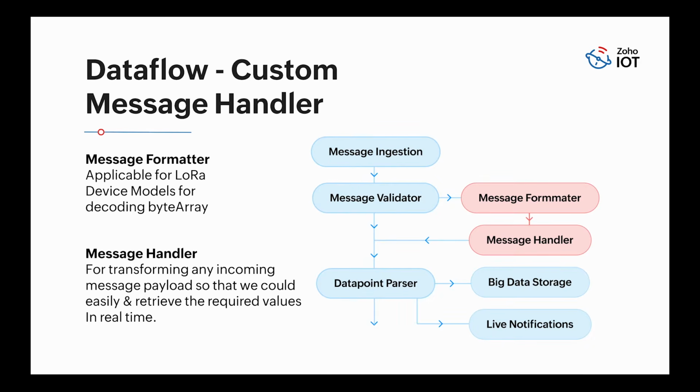This is the section where you can transform the incoming message into a more parsable message, or even take multiple actions. You can derive many more data point values from there, such as if there is a value that you want to compare with the previous value and convert that into a data point. You could do all such transformation from this layer.